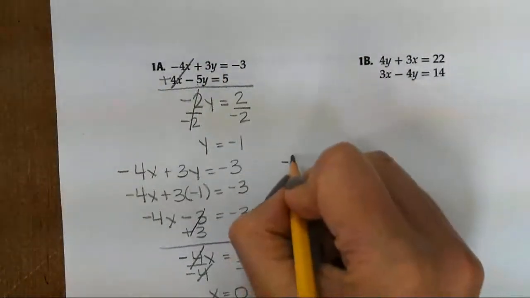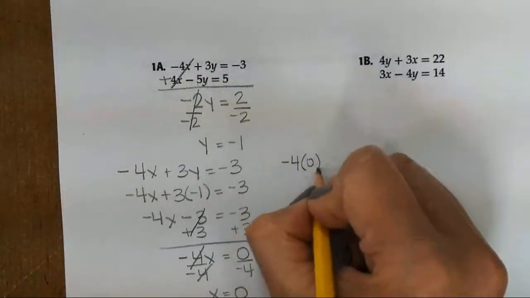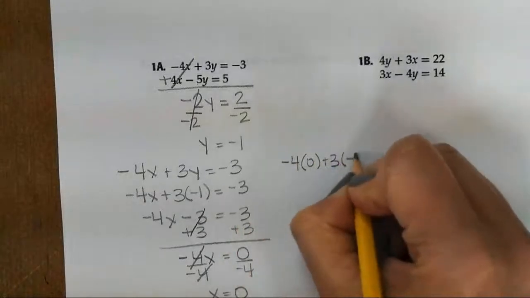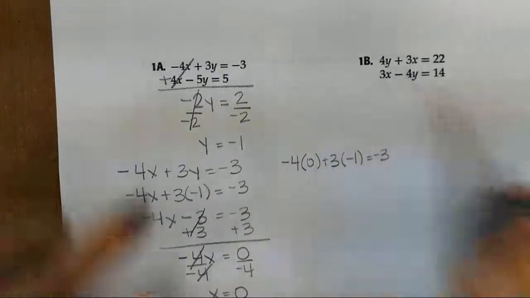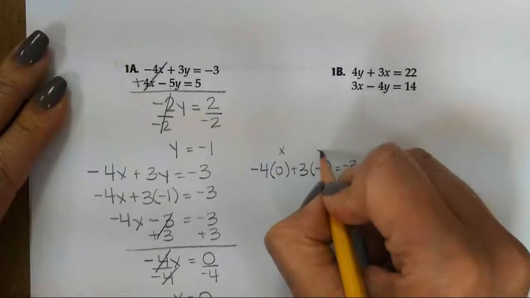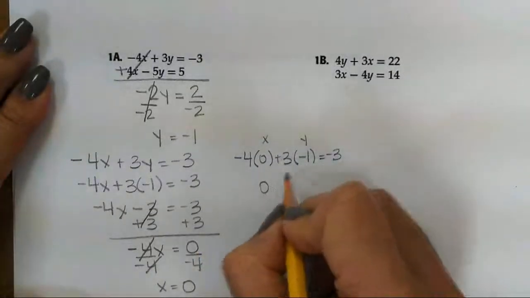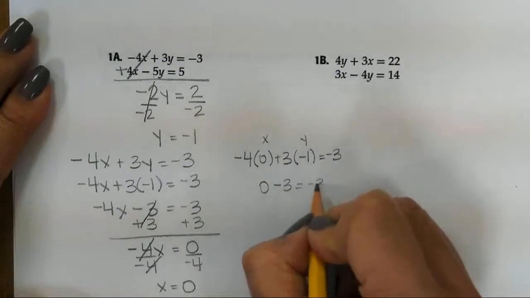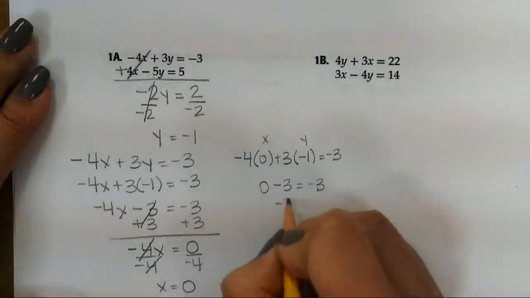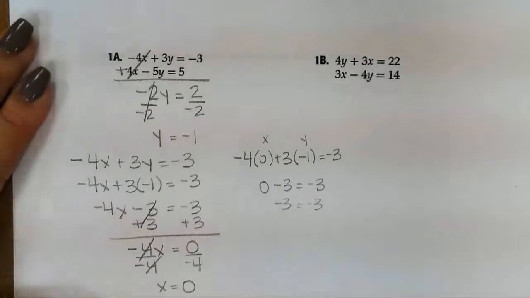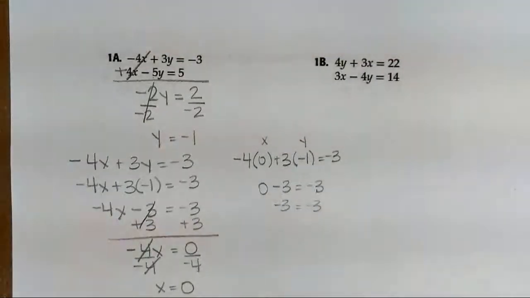Okay, so I have negative 4 times 0 plus 3 times negative 1 equals negative 3. This was my x value, this was my y value. Okay, this is 0, and this is a minus 3 equals minus 3. And so I see that this is a true statement. Okay, so I know that I'm doing it correctly.